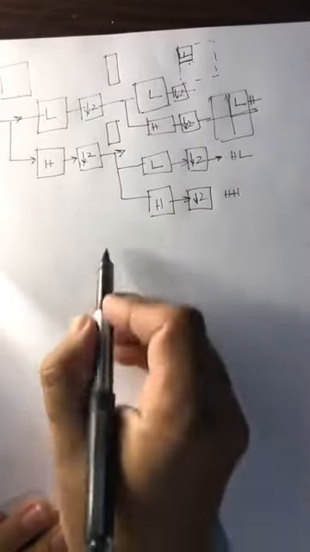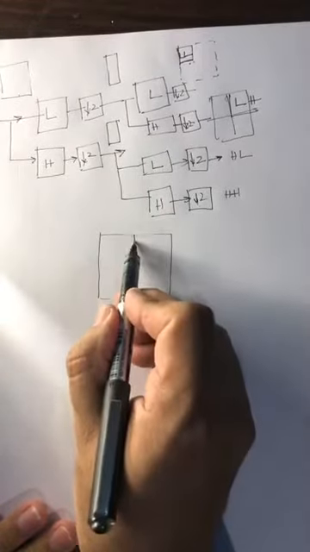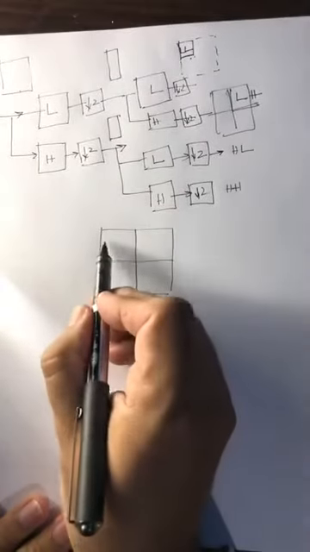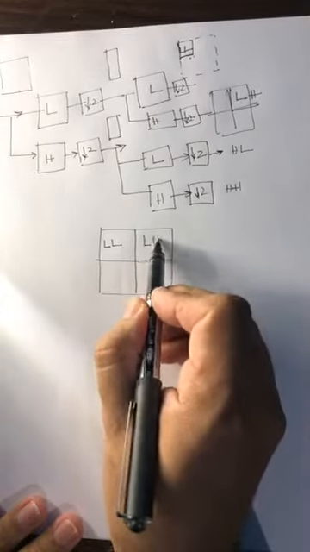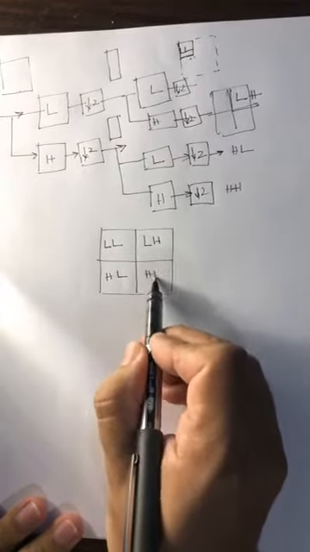So an image of size L by L will be divided into 4 images. One is a low-low image, another is a low-high image, another is a high-low image, another is a high-high image.